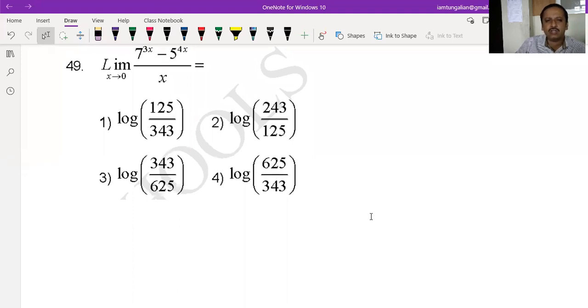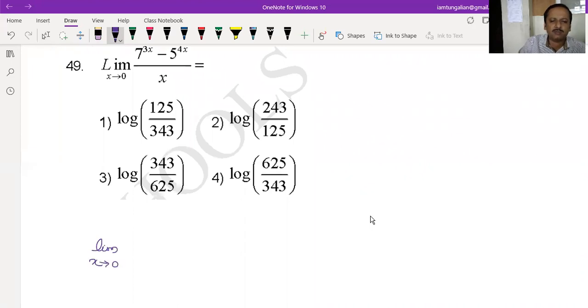Limit as x tends to 0 of 7 power 3x minus 5 power 4x divided by x. If you directly apply the limit, 7 power 0, that is 1, minus 5 power 0, which is also 1. 1 minus 1 is 0 divided by 0. So I will use L'Hospital's rule.